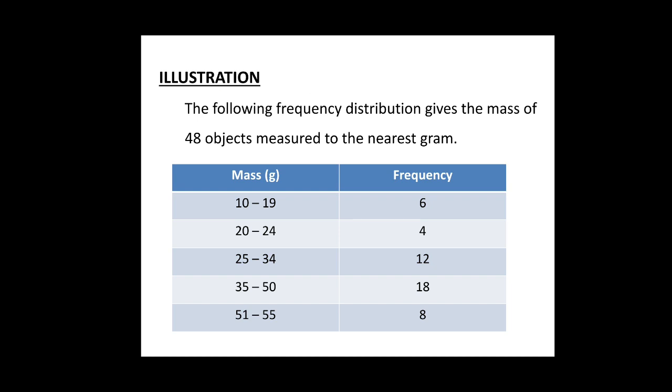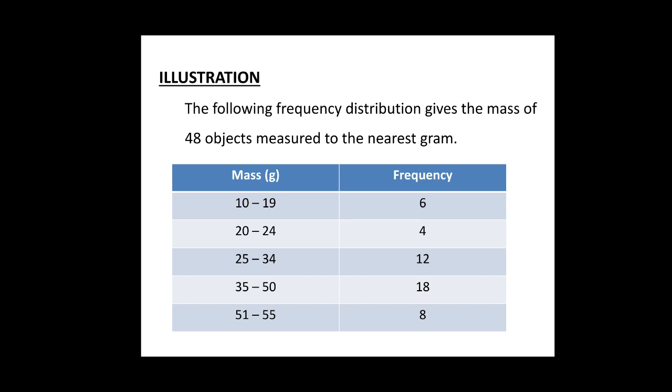Here we can see that the class intervals are not uniform. The class size of the first and third class interval is 10, the size of the second and fifth class interval is 5, and the size of the fourth class interval is 15. Thus, in this data set, we have unequal class intervals.